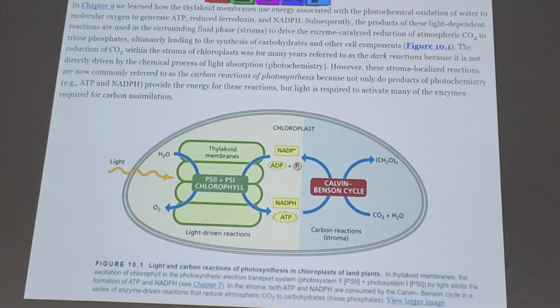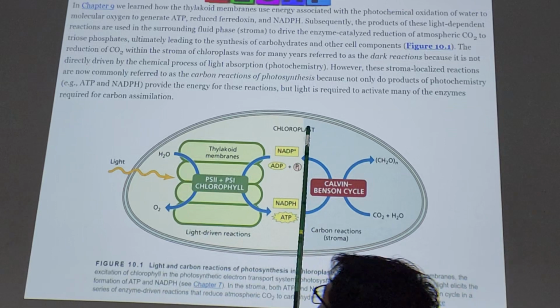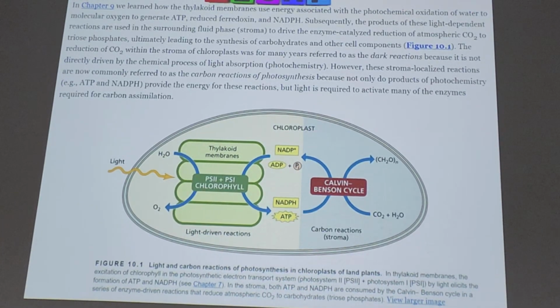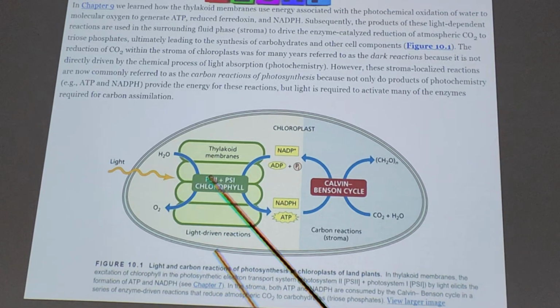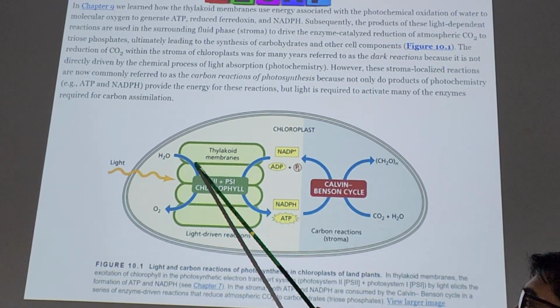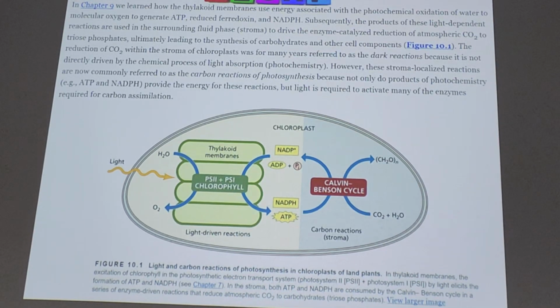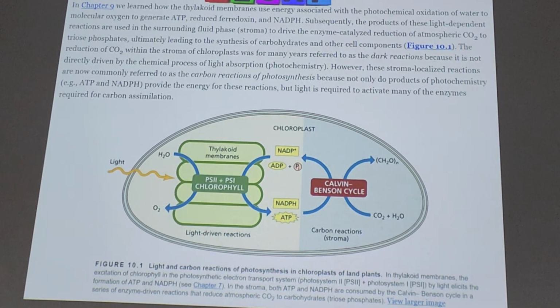Right. Okay. Now we have a quick recap. So we have learned the first part of photosynthesis, still in the chloroplast, but different regions in the chloroplast. So we learned about the thylakoid membrane, and all the associated light reactions happening to it.